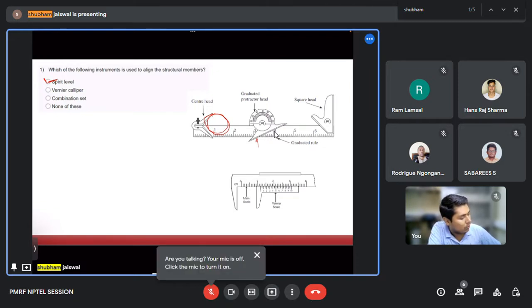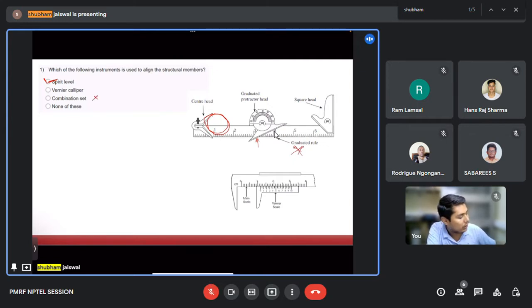So we can't use a combination set to align the structural members. Similarly, with the vernier caliper, we can measure the diameter or simply the length of the part. So we can't use a vernier caliper for alignment.